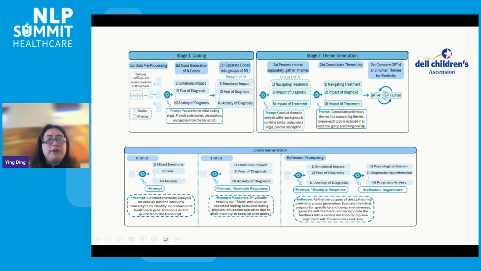First, we ask GPT, the LLM, to go through the transcript to identify important sentences, and then we combine these sentences into codes, then subthemes, and in the end, we combine all these subthemes to generate themes.